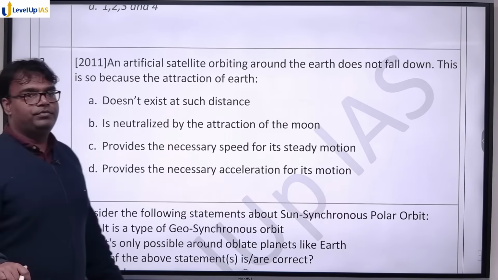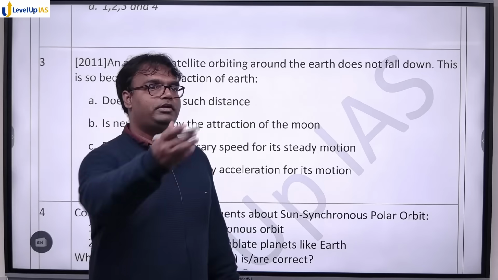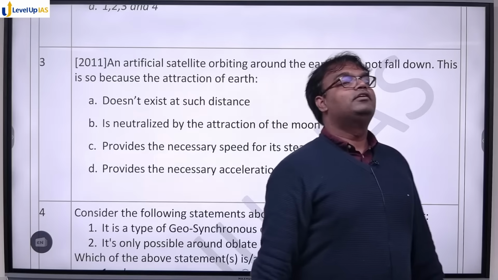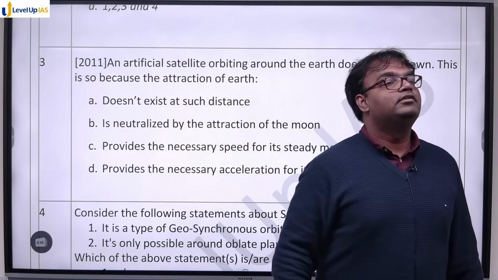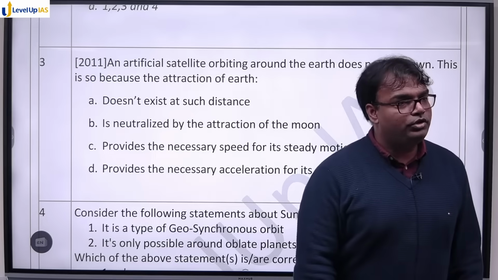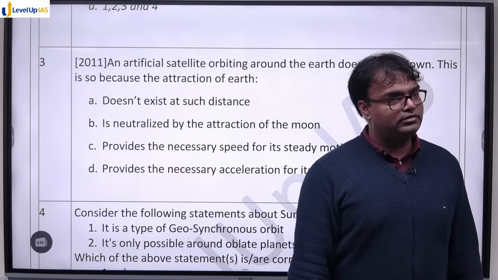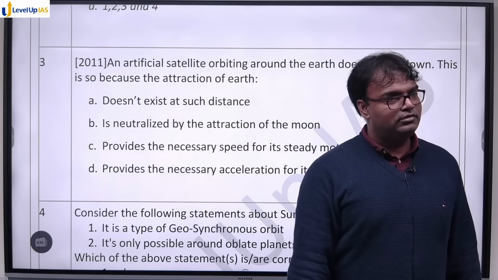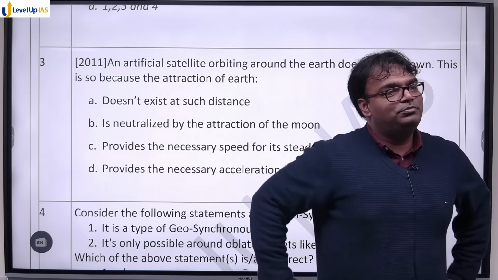Question number 3. Who is sitting in the corner there? What is your name? The last person. Tamil. Oh, are you able to understand whatever I'm teaching? Why didn't you remind me that I am not supposed to speak anything in Hindi?